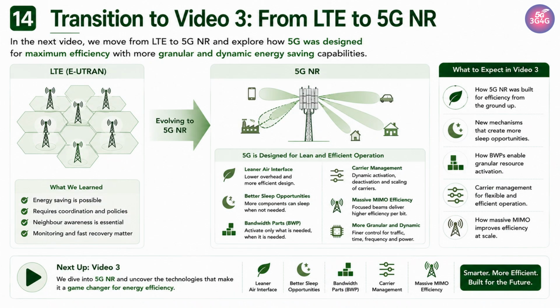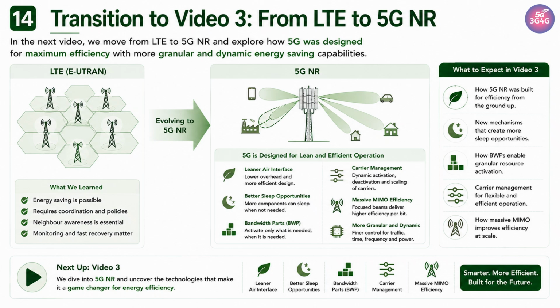That brings us to the end of this LTE focused video. In this episode, we saw how LTE networks save energy using mechanisms such as dormant mode, carrier switch off, secondary antenna deactivation, common channel power control, cell DTX, single layer cell switch off, and overlay coverage with capacity cells.